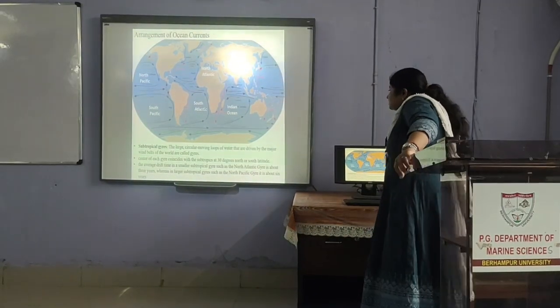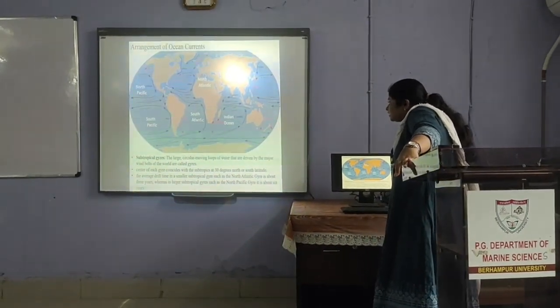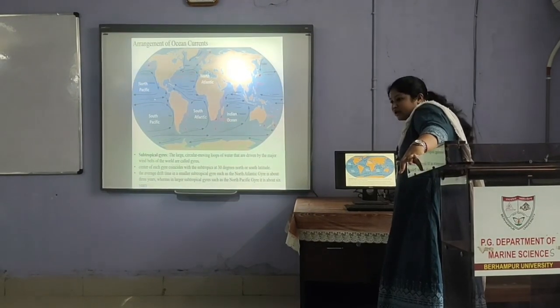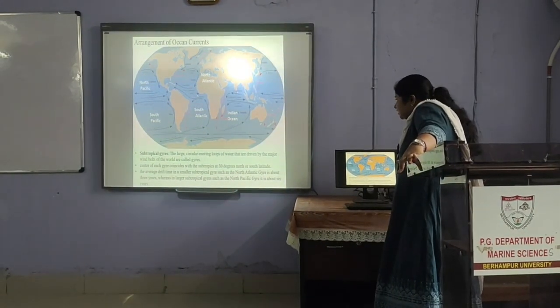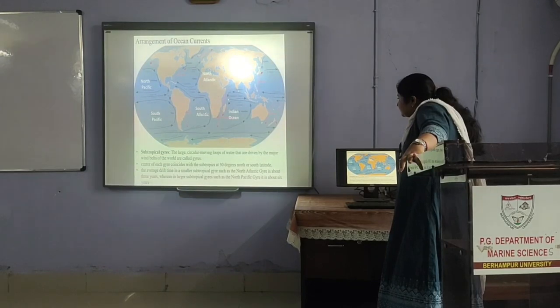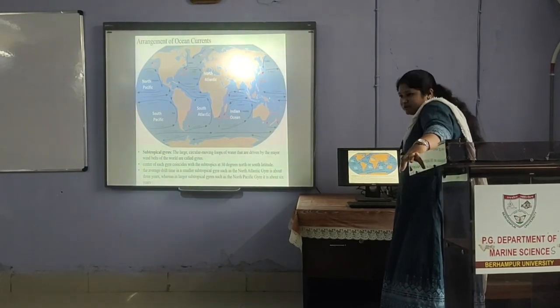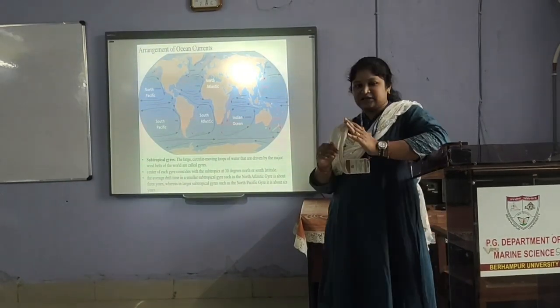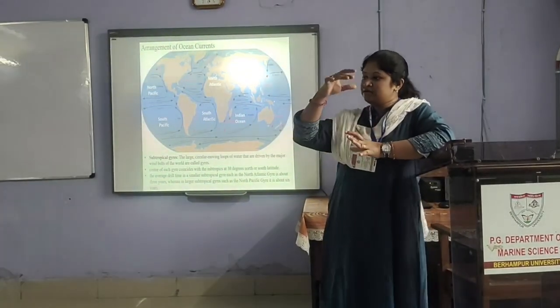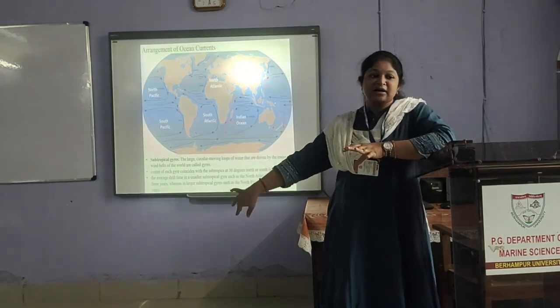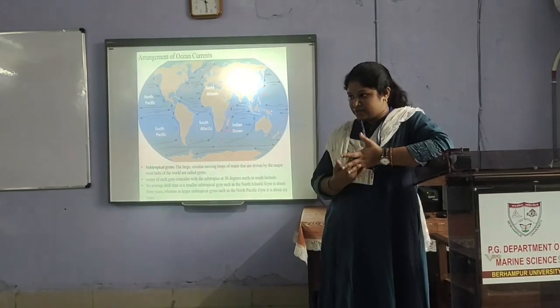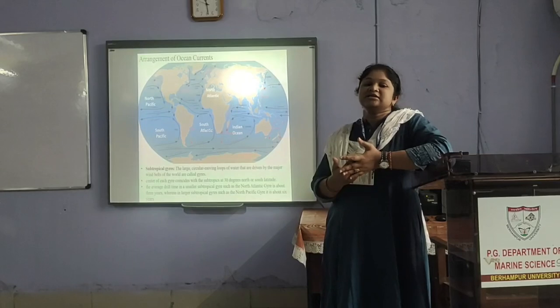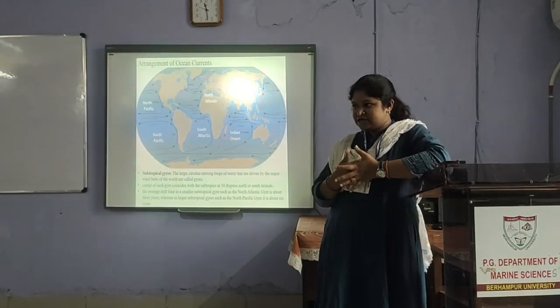See, this direction is different from the equatorial current. This one is the equatorial counter current. Here is also an equatorial counter current, and here too. Okay, so this is clear, right? Northern equatorial counter current, southern equatorial counter current, then the equatorial counter current. Why is it called the equatorial counter current? Because it flows in the opposite direction of the equatorial current.